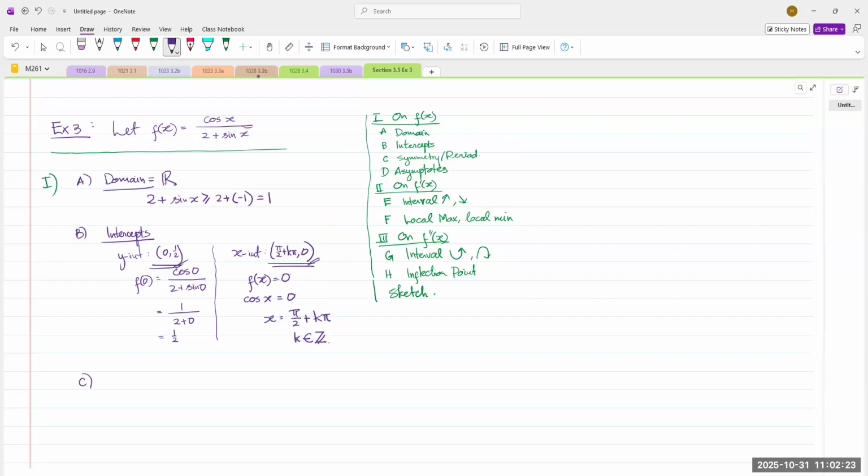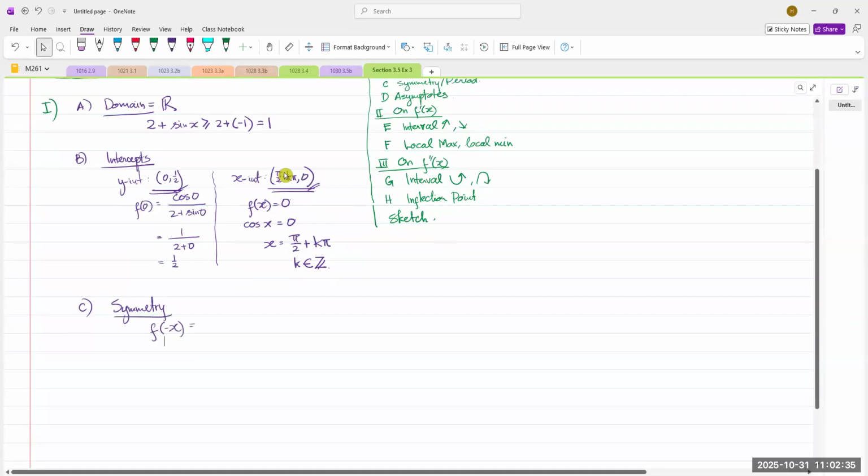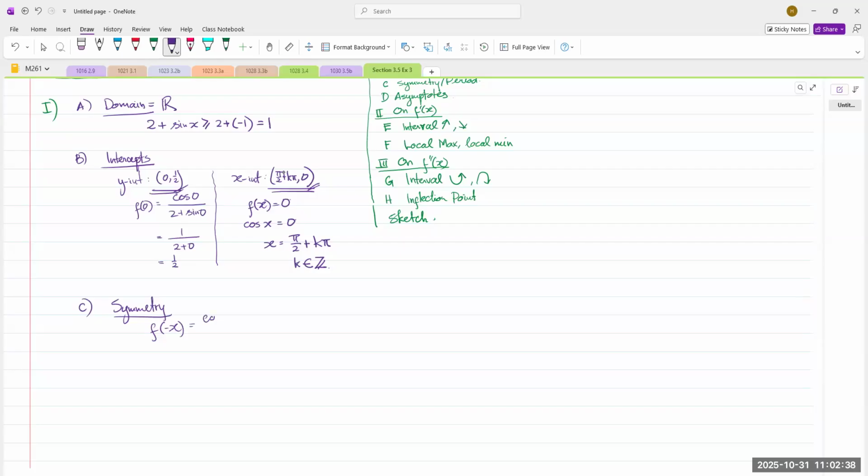Okay, part C. How about symmetry? Let's check what f(-x) is. This is to check y-axis symmetry or origin symmetry. Cosine negative x over 2 plus sine negative x. Cosine negative is cosine positive because cosine is an even function. However, sine is an odd function, so sine negative x is negative sine x.